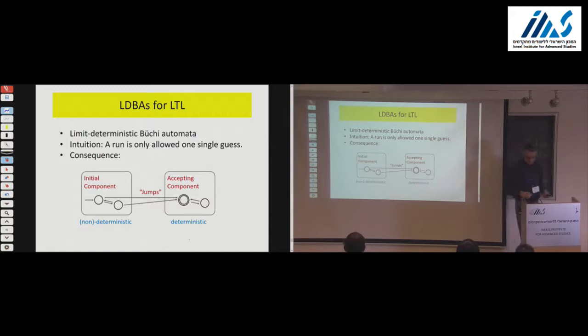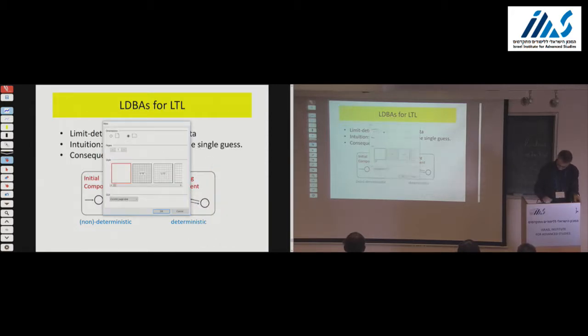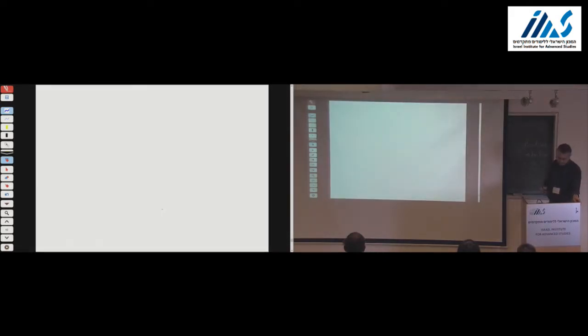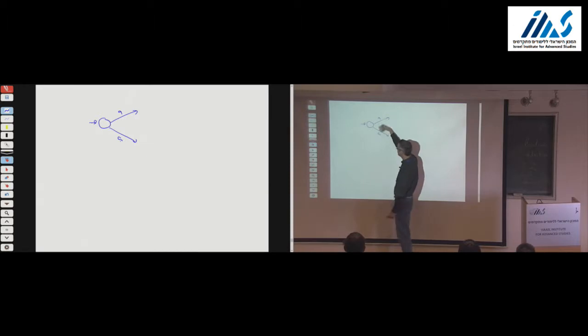Why is that interesting? This is interesting for probabilistic model checking, and let me give you the intuition of why that's the case. Imagine that you have a non-deterministic automaton where you have two possible transitions with an A, and there is a probability distribution on those A's.